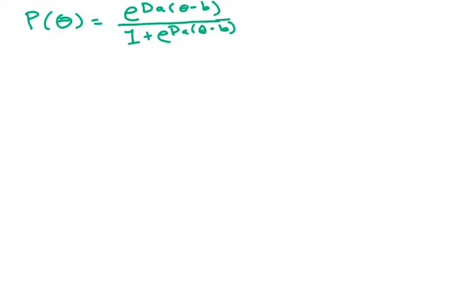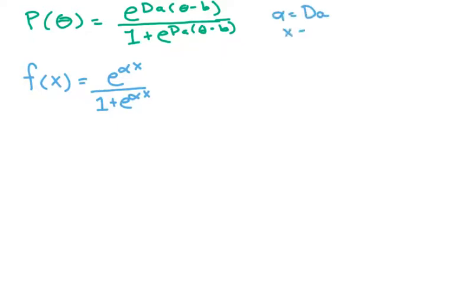Now you probably won't be doing all this in your talk, but in case you need to, here's a way that's easy, I think, to do it. Call this function f of x, and call it e to the alpha x over 1 plus e to the alpha x. Alpha will equal dA and x will equal theta minus b.